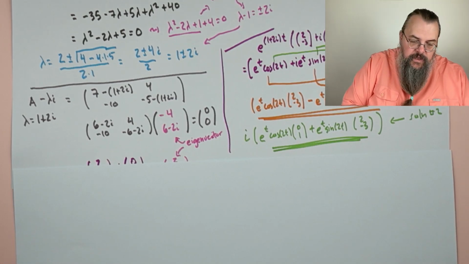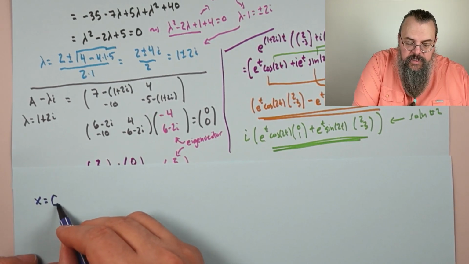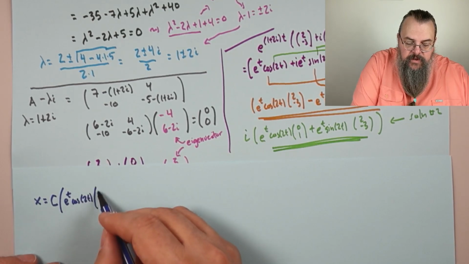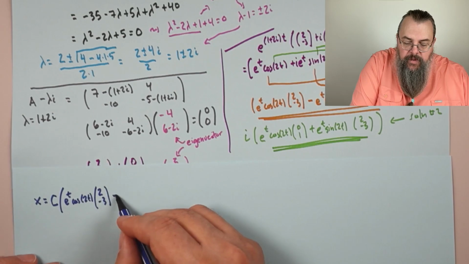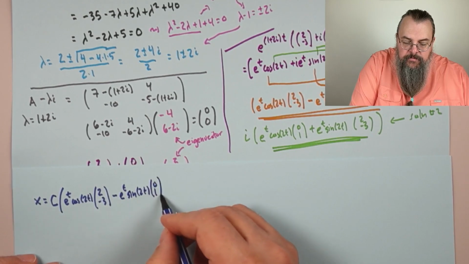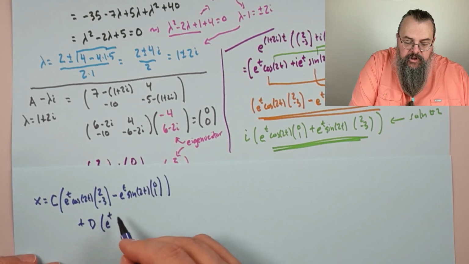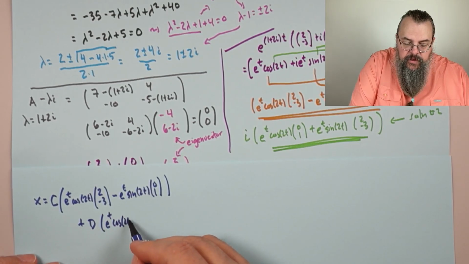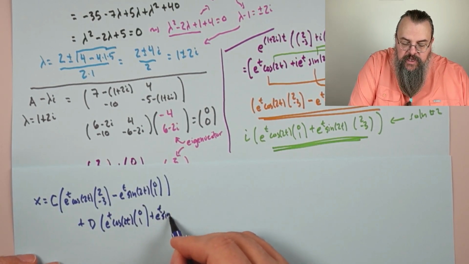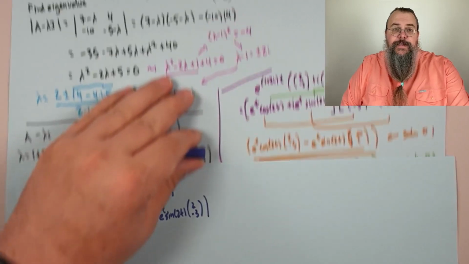So we get the following, namely that x is some constant c times e to the t cosine 2t times (2, -3) minus e to the t sine of 2t times (0, 1), plus some constant d times e to the t cosine 2t times (0, 1) plus e to the t sine of 2t times (2, -3). All right, there we go.